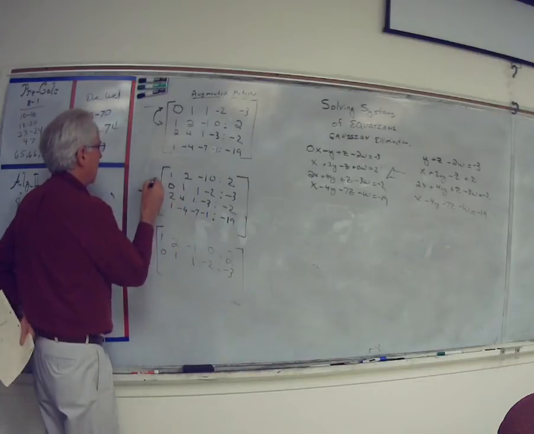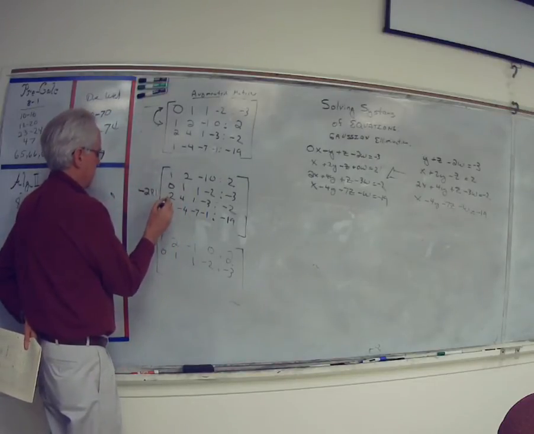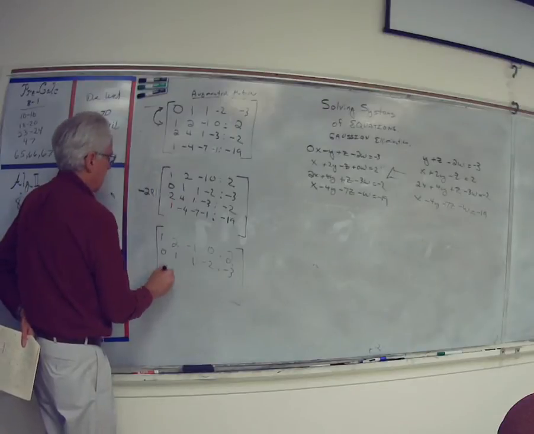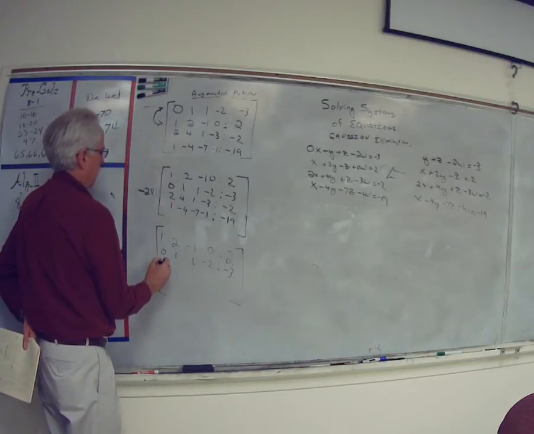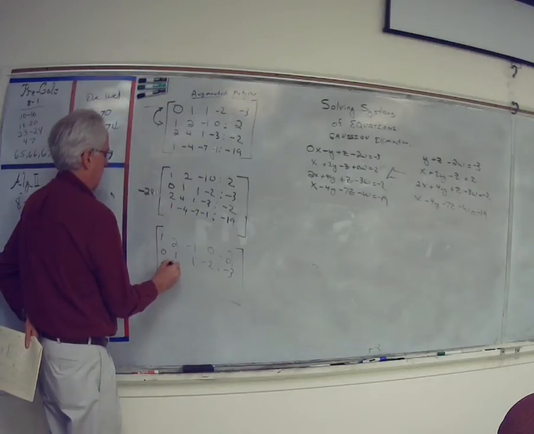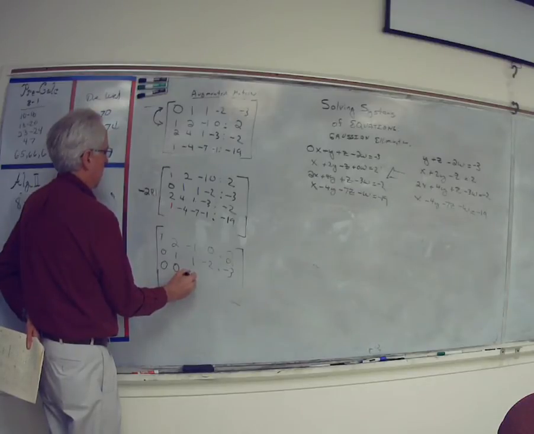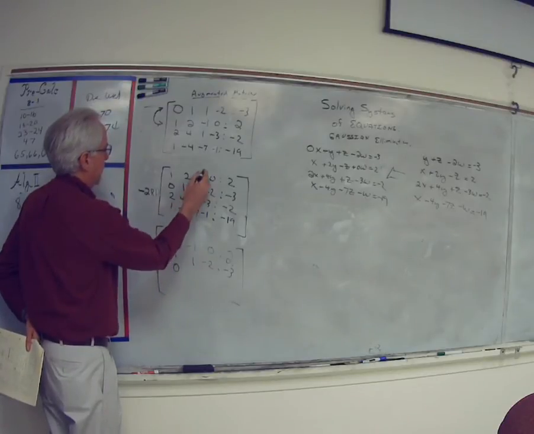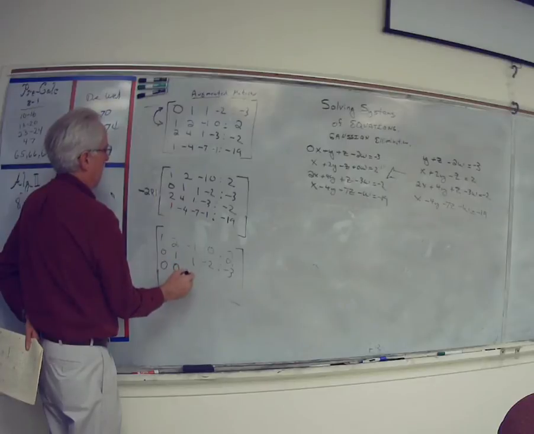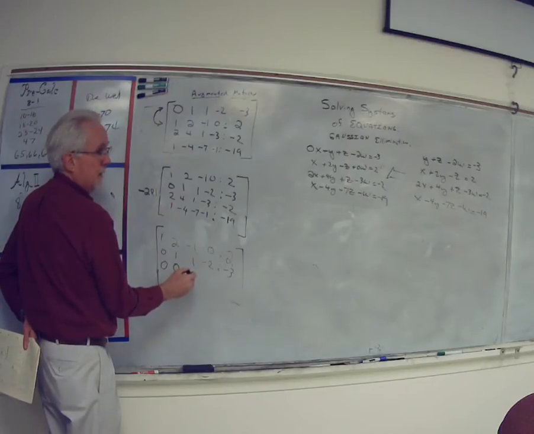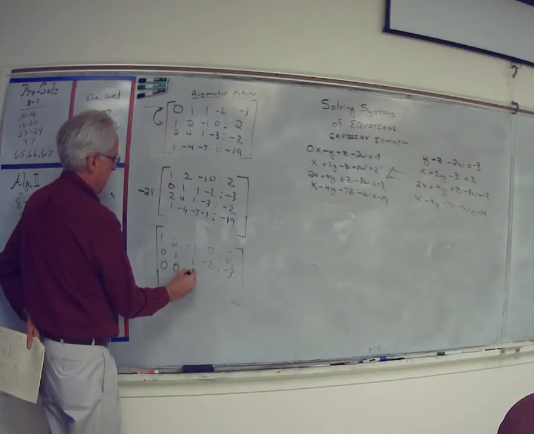Now I'm going to subtract twice row 1. So give me what that's going to be. It would be 2 minus 2 times 1, which would be 0. And then 4 minus 2 times 2, which will be 0. And then 1 minus 2 times negative 1, that would be 1 plus 2, so it'd be 3.